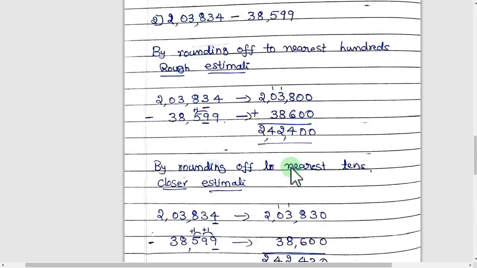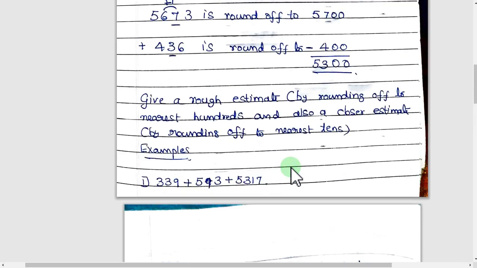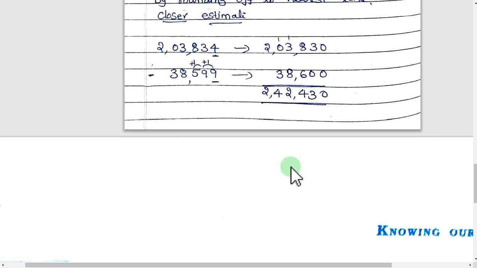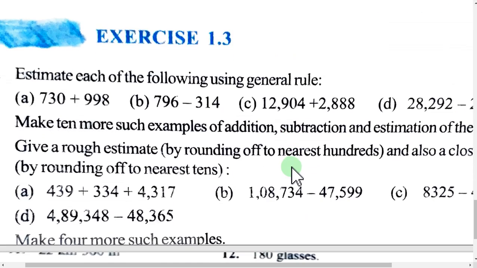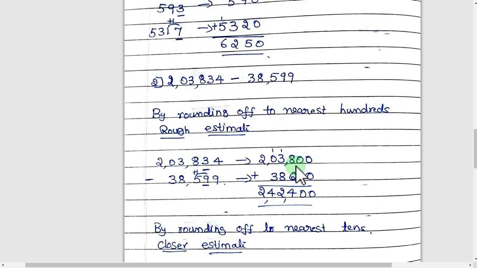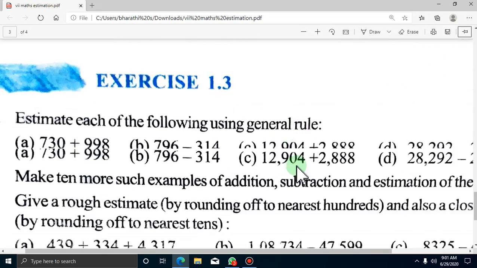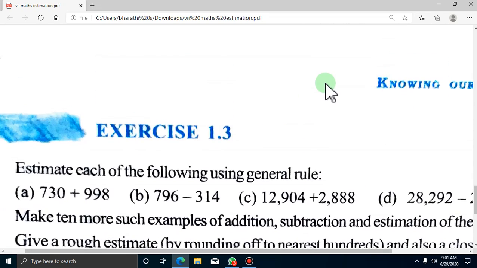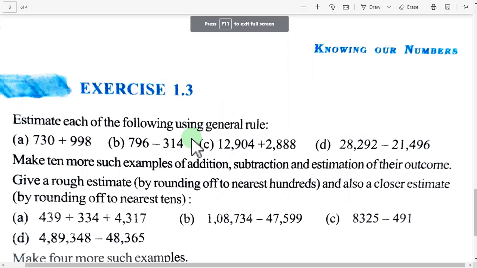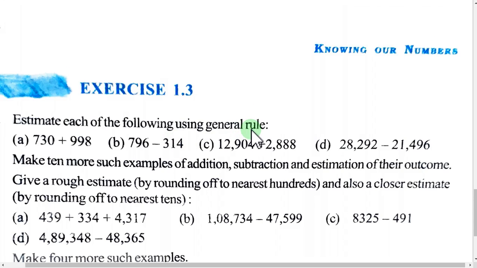So these are the example sums, simple easy sums. By referring to these example sums, now you have to do the homework questions. See, estimate each of the following using the general rule. This is like examples 1 and 2.